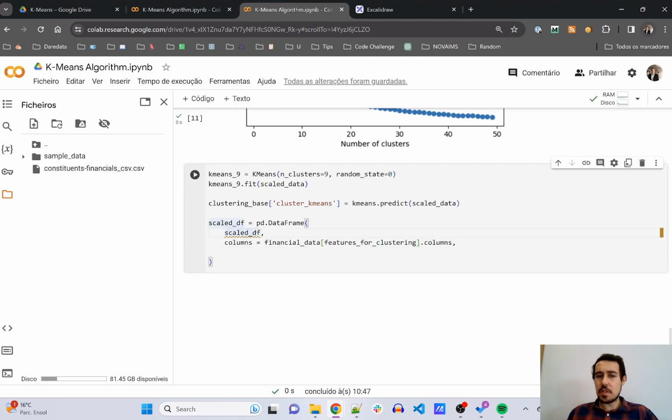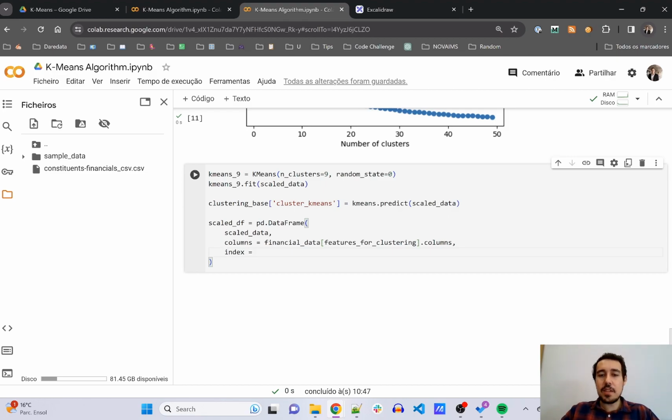Okay, here it's not scale df, of course, it's scale data, and already Colab is telling me that this variable doesn't exist. I don't want to change the columns to cluster KMeans. Don't need to worry about it. This is just to create the scale df.